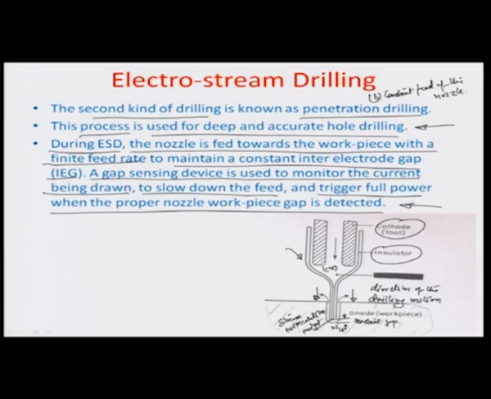So, having said that, I think we have come to the end of all the associated electrochemical machining processes. Just a quick recall, we studied in detail about the modeling issues and about the fundamentals involved in the ECM process. We also did all the associated processes, including electrochemical drilling, ECD, ECG, electrochemical grinding, and now finally electrostream drilling.